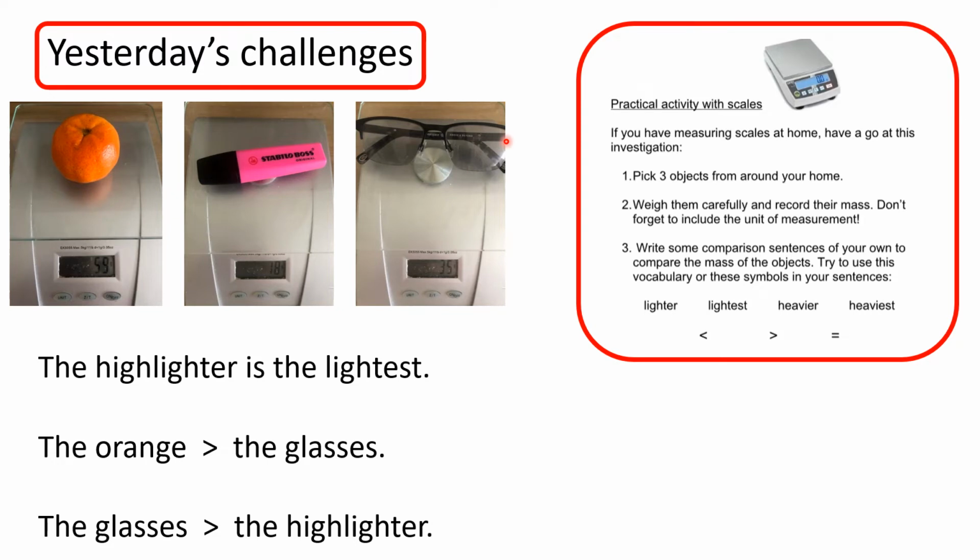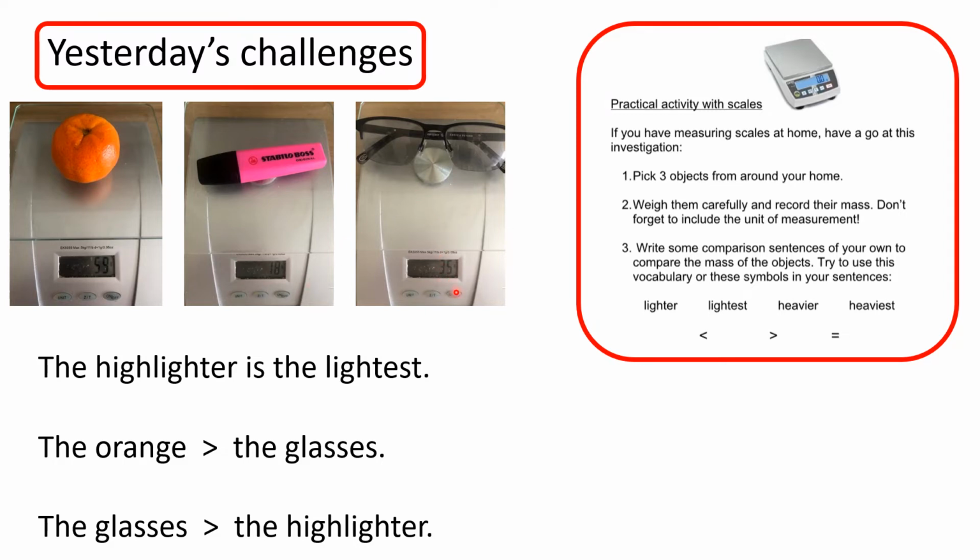I hope he didn't mind me borrowing them. And I wrote down 3 comparison sentences once I had weighed them all on the scale. And you can just about see how much they weighed. I know the pictures are slightly dark, but the orange weighed 59 grams, the highlighter weighed 18 grams, and the glasses weighed 35 grams.